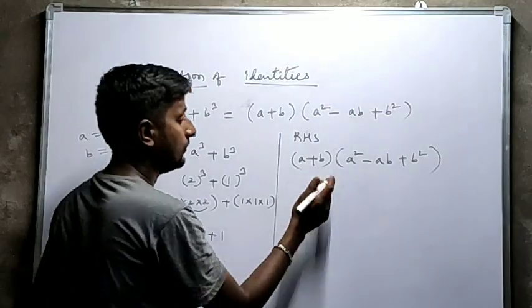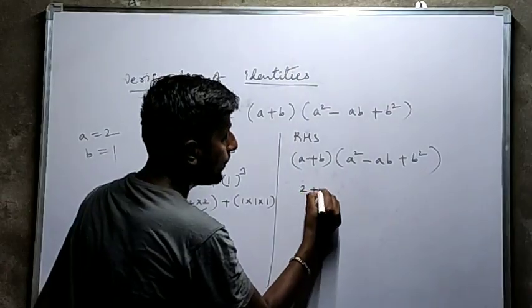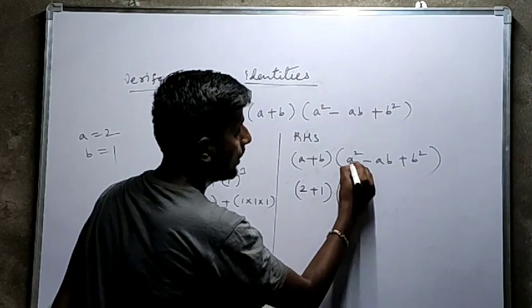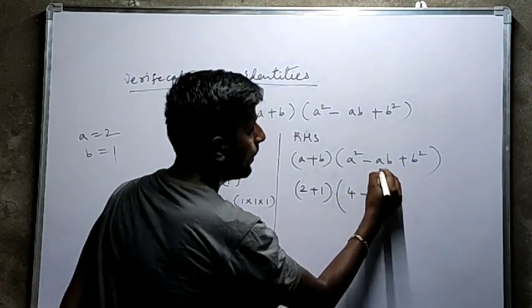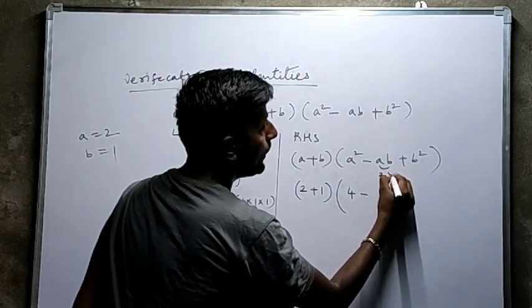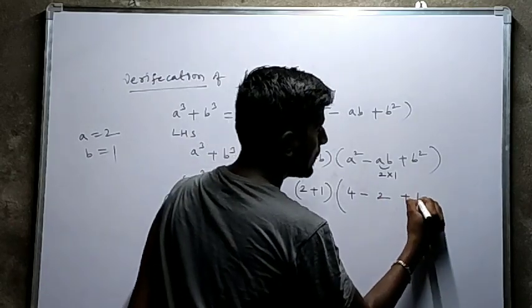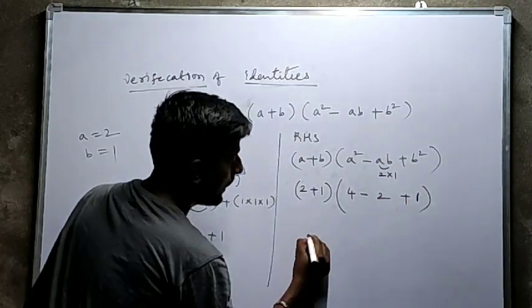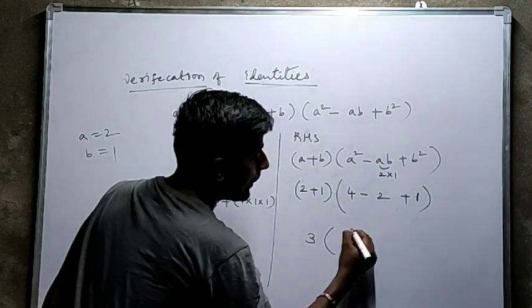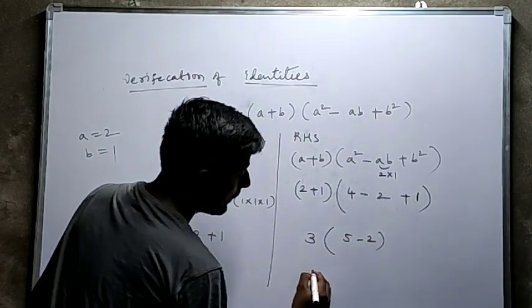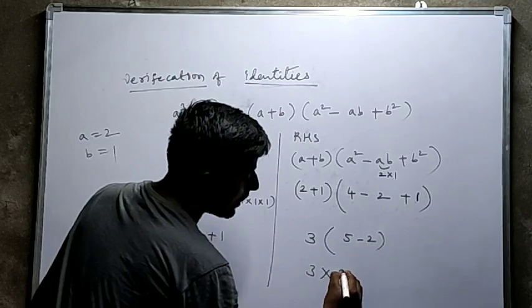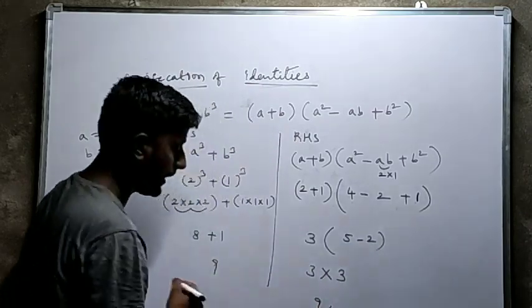Come here. A value 2. 2 plus 1. Okay. 2 square is 4. 2 into 1 is 2, so minus 2, plus 1 square is 1. Here the answer is 3. Look, 4 plus 1 is 5, minus 2 is 3. Next 3 into 3, answer 9.